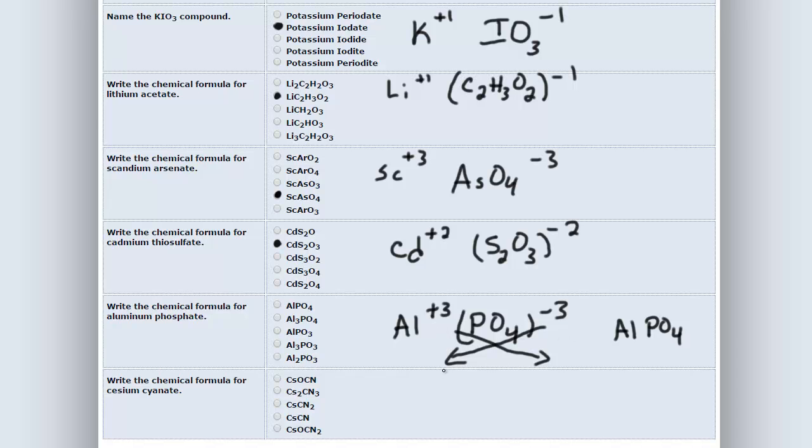Those 3's, when we bring them down, they reduce to 1, and then we just ignore them. We don't even write them out. And so AlPO4, aluminum phosphate, +3 minus 3 equals 0.